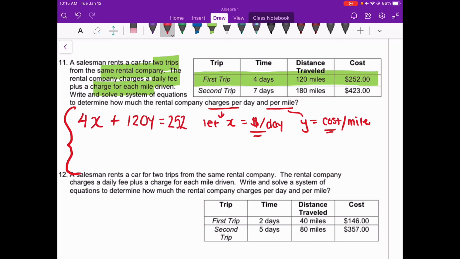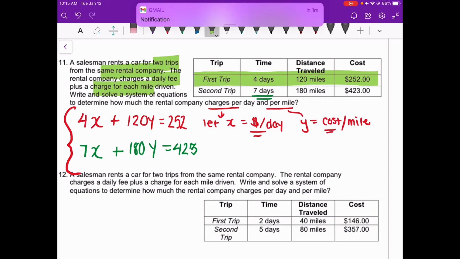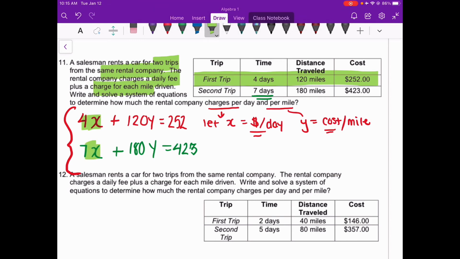Go ahead and pause the video and write your second equation. If you wrote it down already, your second equation should be the 7 days times the cost plus the 180 miles times the cost equals the total for 23. Now notice, this equation is set up for elimination because my X's are lined up and my Y's are lined up.